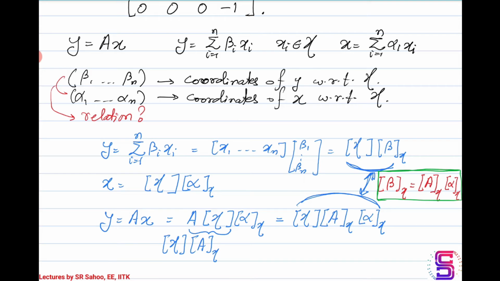So for this, let us take up some examples and check what this actually means. So we'll take the derivative operation. Okay, so this is the vector space under consideration. The basis that we'll be considering is the vectors 1, t, t square.